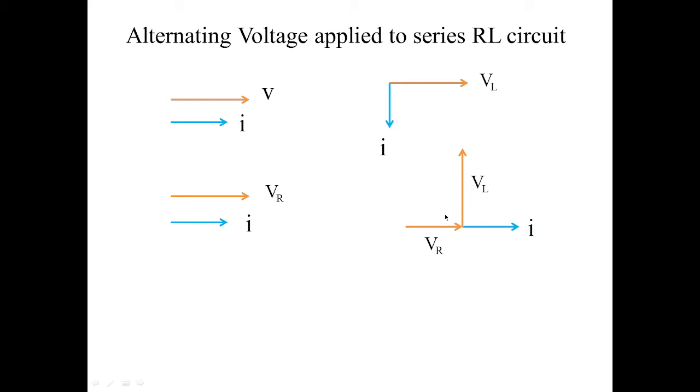Now with these two phasors, I'm going to get the total voltage V is equal to VR plus VL. Therefore, I can treat the angle between them as phi. So with this, I obtain the voltage triangle in this form. You have VR, VL, and V is equal to VR plus VL.